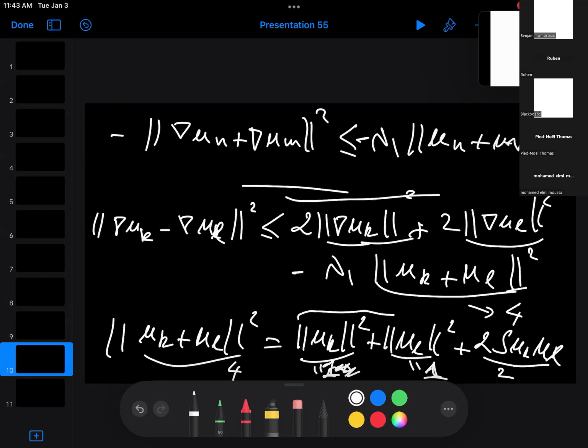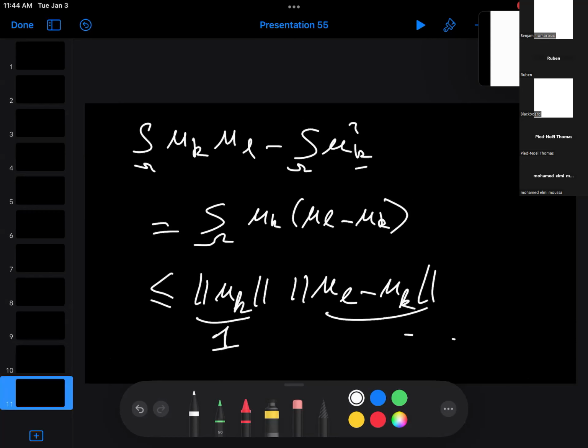Okay, so at the end of the day, you have 2 lambda 1 plus 2 lambda 1 minus lambda 1 times 4. So this is as close as I want to 0.